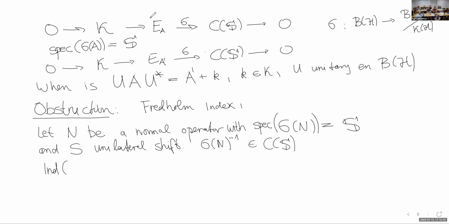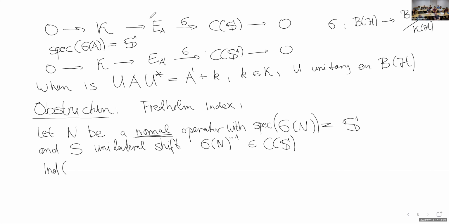Wait, so N is normal or essentially normal? It's normal. I want to compare, so the question from BDF. Okay, gotcha. This is just a simple example to tell you there's an obstruction, and the index is an obstruction, and then we come fully to the theorem.